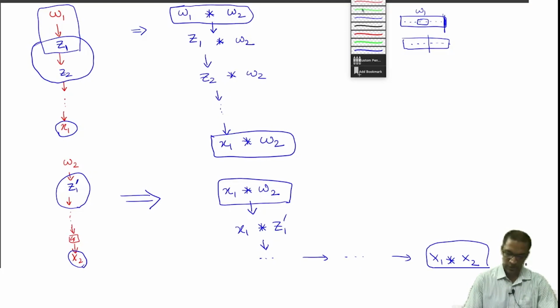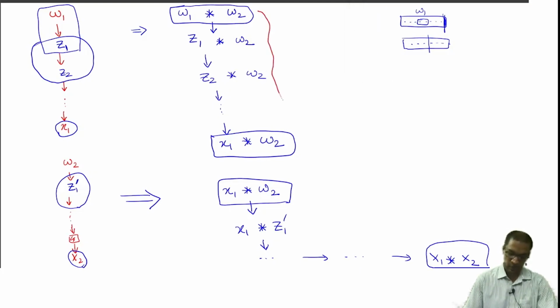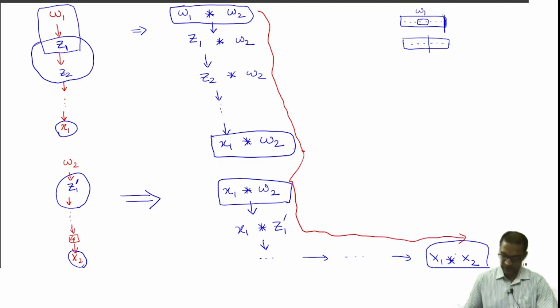So what have I managed to do? I have managed to start at W1 star W2. I am following this chain of rewriting rules. So at this point, this and this are the same. Now I follow after that this chain of rules, and finally I reach my destination. So what this means is that W1 star W2 is in fact equivalent to x1 star x2.